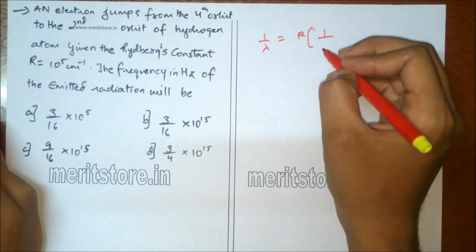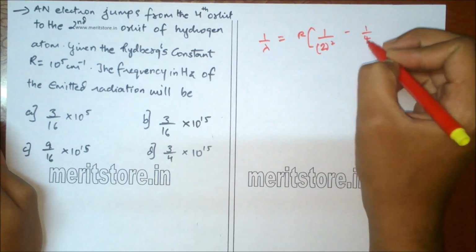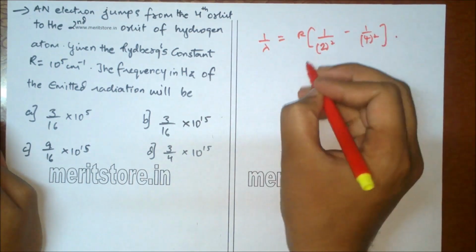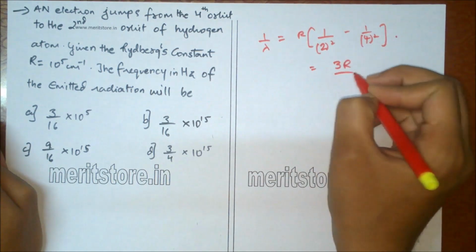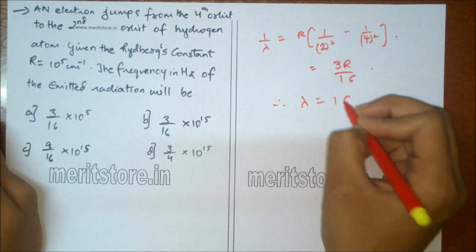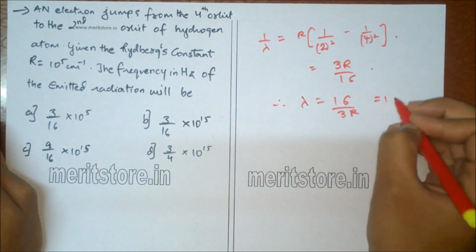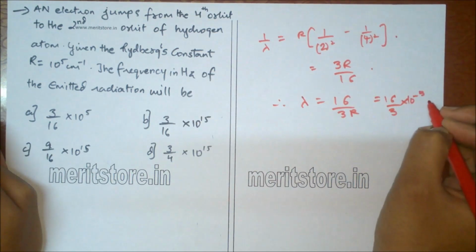So we can write n1 and n2 as 1 upon 2 square minus 1 upon 4 square. On solving, we get this is equal to 3R by 16. Therefore, lambda is equal to 16 upon 3R on rearranging. Substituting the value of R, we get 16 upon 3 into 10 raised to minus 5 centimeter.